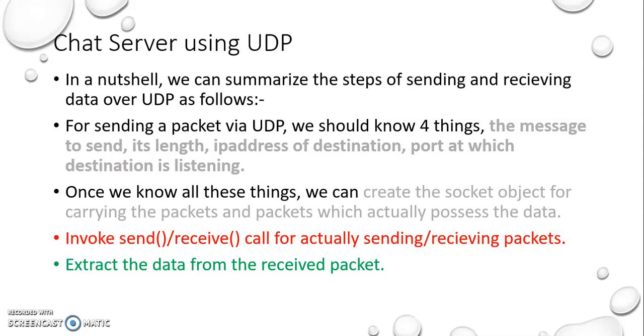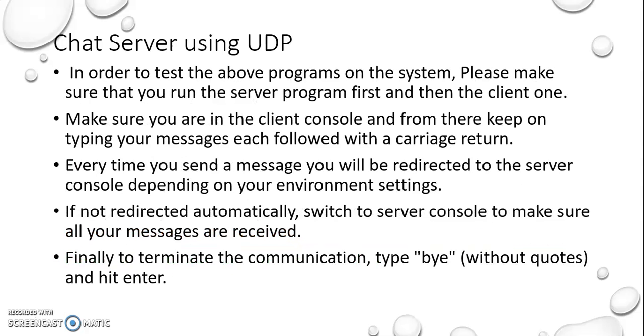Once we know all these things, we can create the socket object for carrying the packets, and packets which actually possess the data. Then we invoke the send or receive call for actually sending or receiving packets. Extract the data from the received packet. So actually we are receiving the data through the packet only.